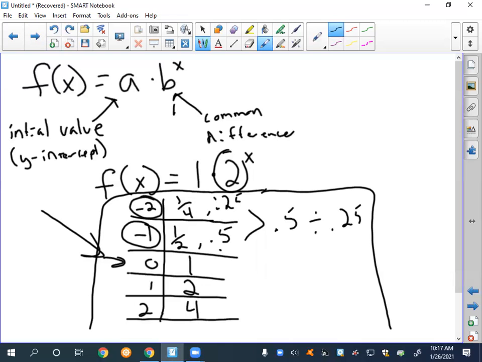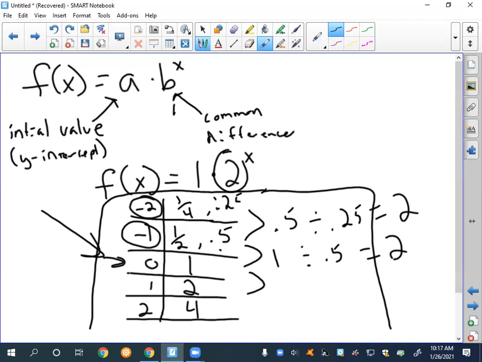Plug that in your calculator real quick and do that. What do you get? If we did the second one, 1 divided by 0.5, what does that answer?